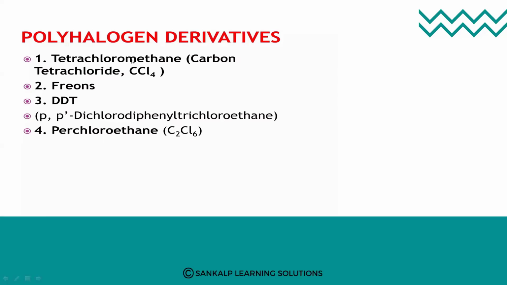When it is more than three, we term it polyhalogen derivatives. Then the second example of a polyhalogen derivative is freon. The third one is DDT, and the fourth one is perchloroethane. So for you, the first three are important: tetrachloromethane, freons, and DDT.